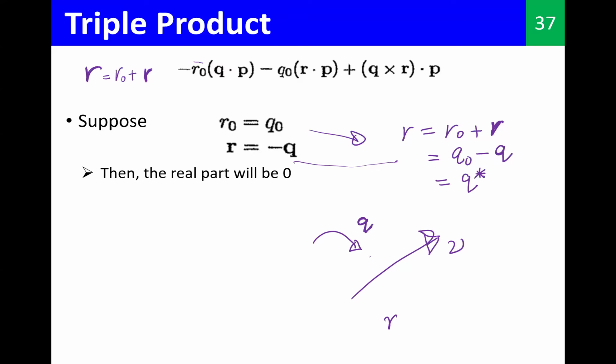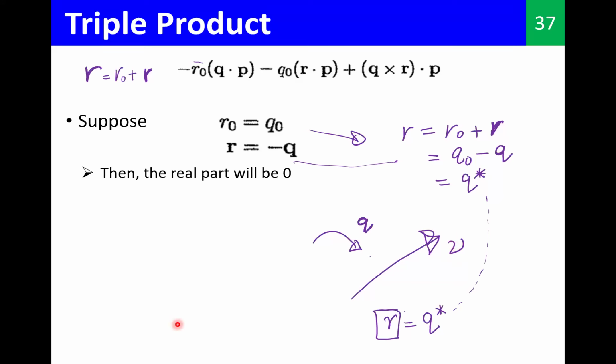So I already told you, like, bringing this another guy into the picture is already strange, right? It's not a wise thing to do. So, but if I make this r such that it is equal to q conjugate, right, here, then no problem, right? Because now q and some related guy, q conjugate, is the one which I have actually introduced. So I'm now making use of q and q conjugate to apply on v, right?